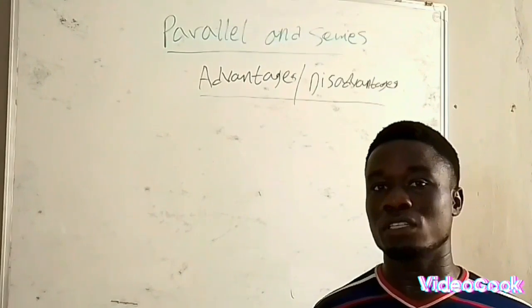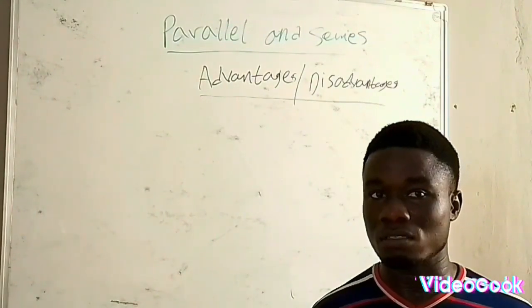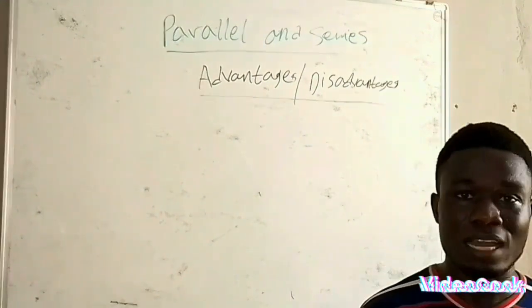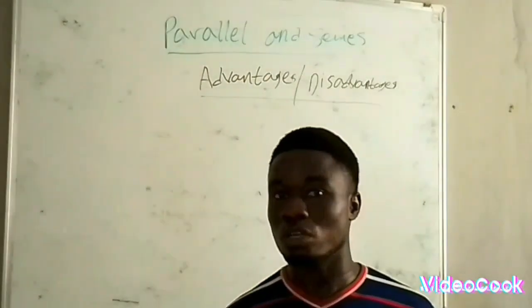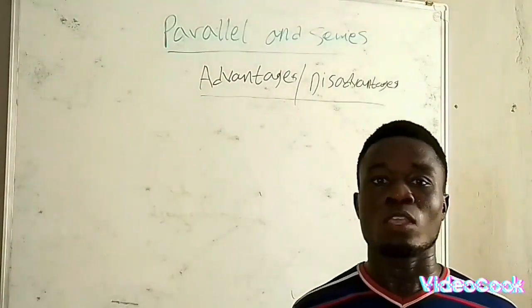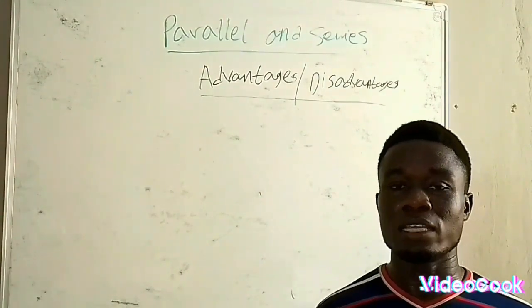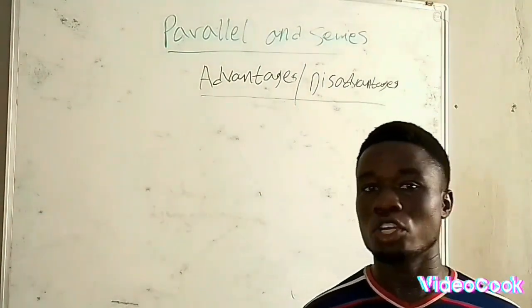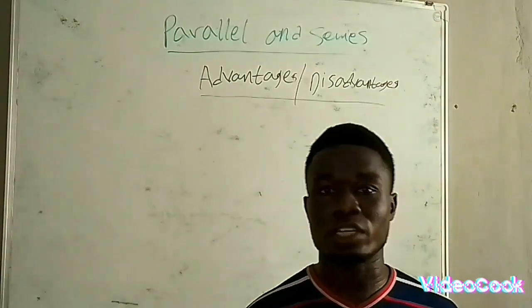So because of this, you require heavier terminals to be able to carry that amount of current through your circuit. But in terms of a series connection, you end up having minimum currents flowing through your circuit but a higher voltage.